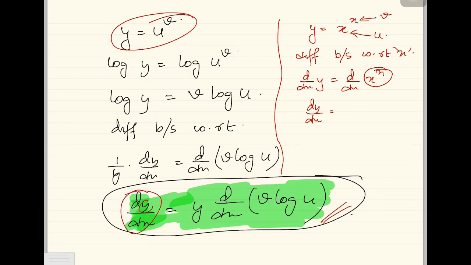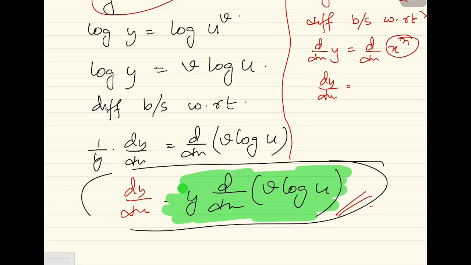Sorry, let me change the formula a little. So d dx of y, meaning u to the power v, equals u to the power v times d dx of v log u.